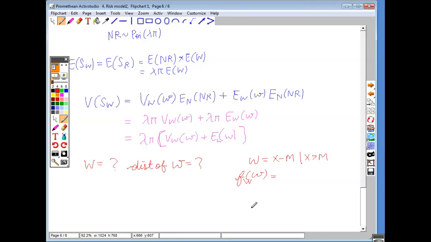It represented the reinsurer's conditional distribution, right? And what does it represent here? Can you tell me what W represents here?